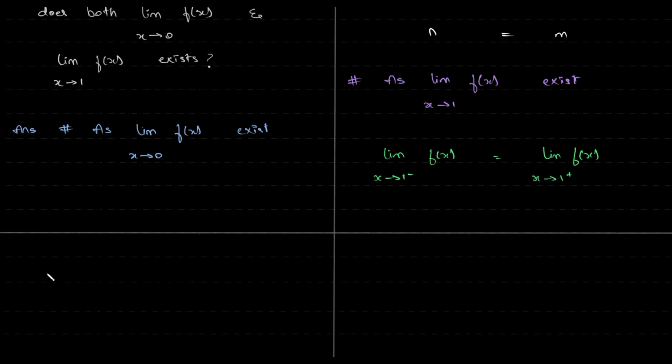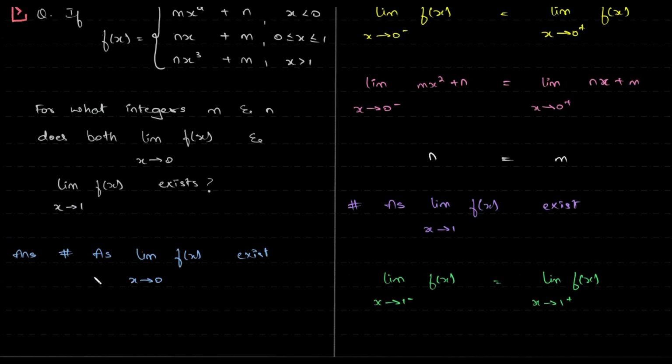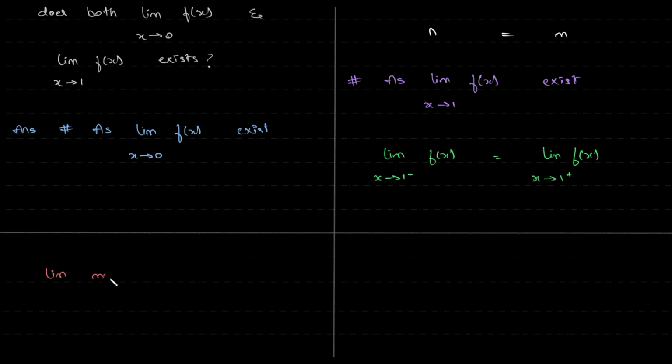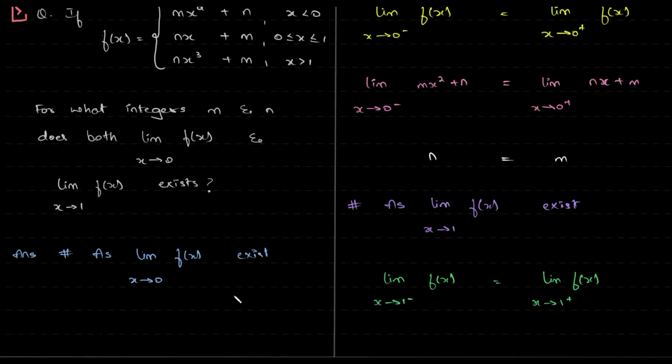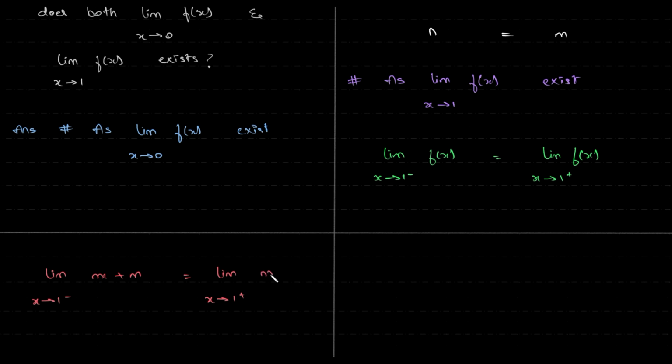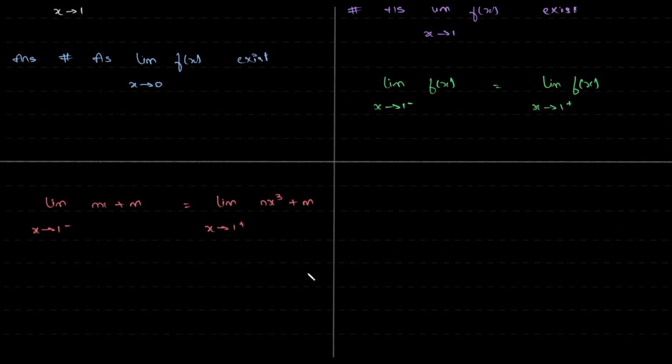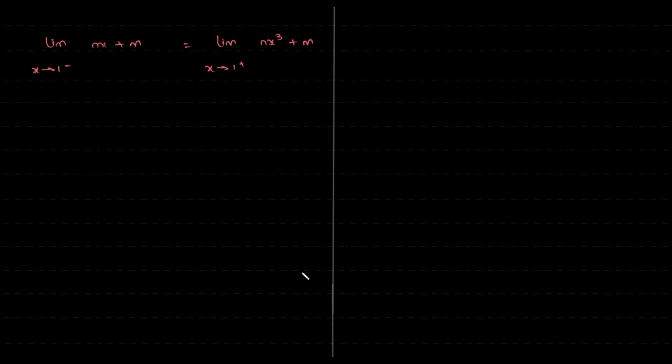We can tell that the limit on the left hand side is nx plus m as x tends to this, and we have nx cube plus m. So all we have to do is substitute. So this is n plus m is equal to n plus m.